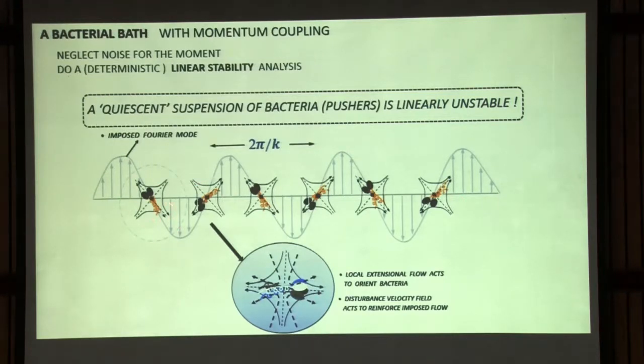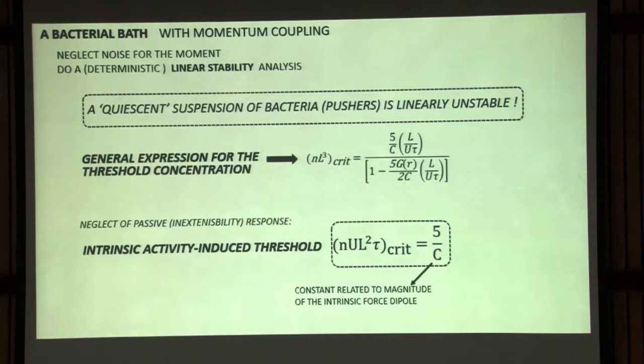But because these are pushers, in that orientation they're going to exert an extensional flow that reinforces the original velocity field. The velocity field grows, the bacteria are further aligned, and the whole thing leads to exponential growth. And the exponential growth comes in when this response overcomes the viscous damping of the solvent. So that suggests there is a threshold, and that's the threshold there.